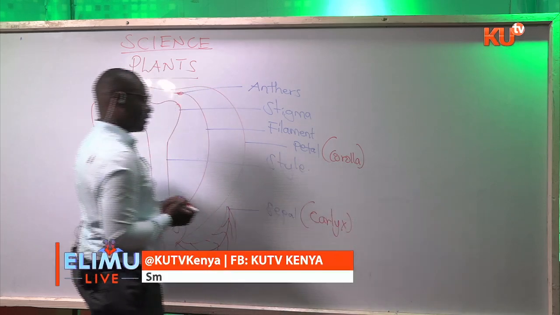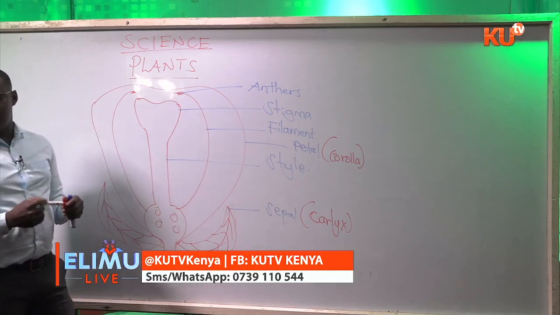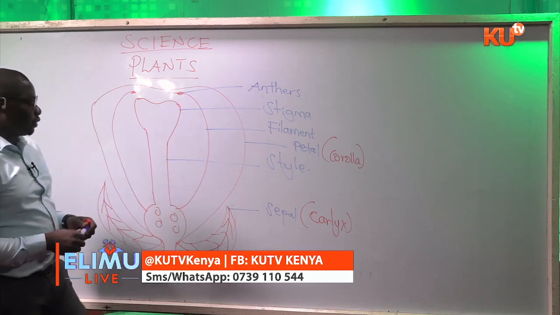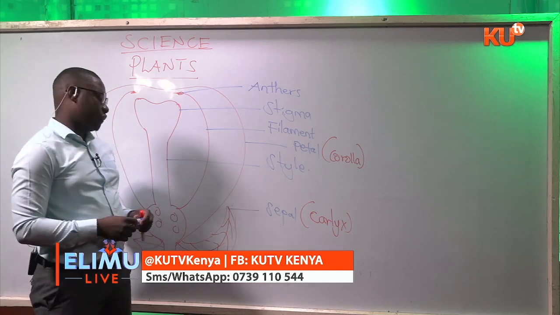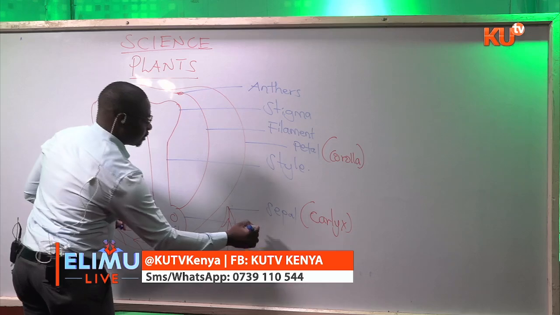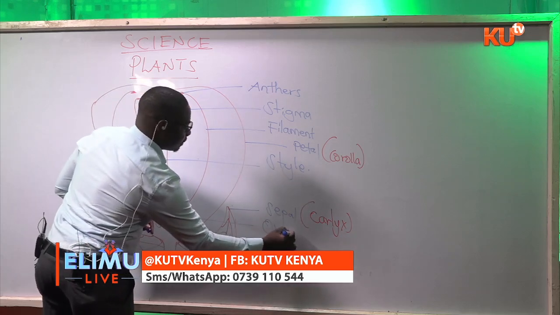The sepals collectively can be called calyx. If you are likely to be asked by an examiner, for example, what is the other name of the sepal? That is the calyx.